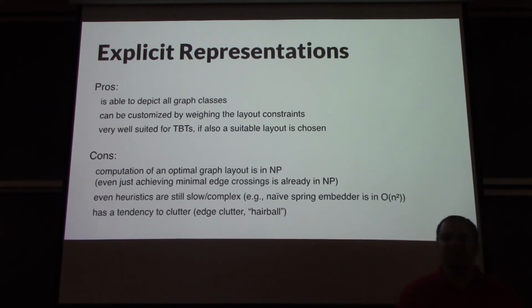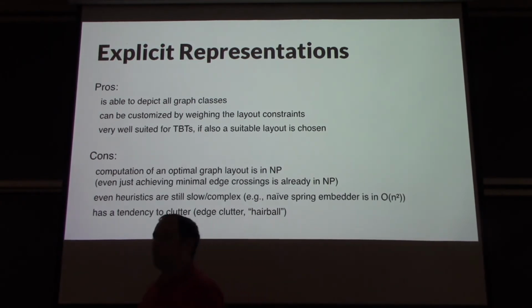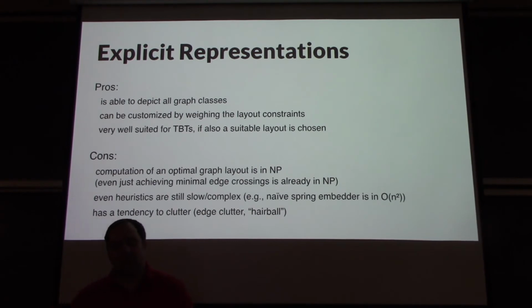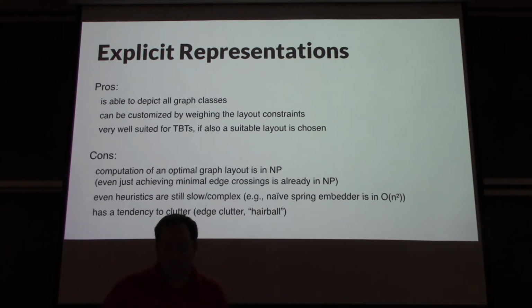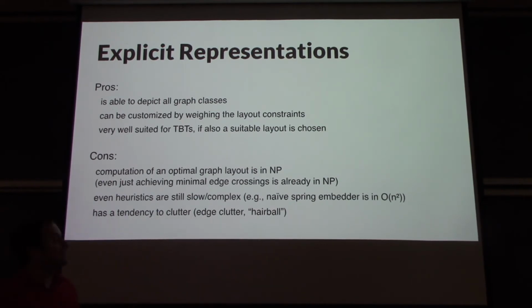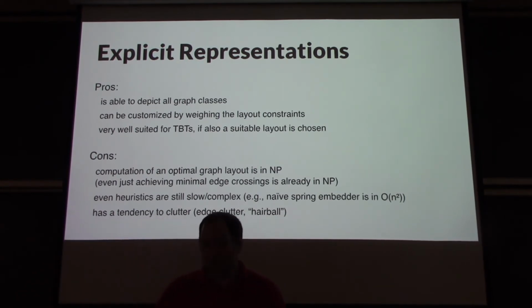They're very well suited for topology-based tasks: I can easily see connections over a longer distance, if a suitable layout is chosen. These layouts are difficult to compute. The optimal layout is in NP, and even heuristic approaches are still slow and complex, and there is a tendency to clutter, to create these hairballs, essentially.